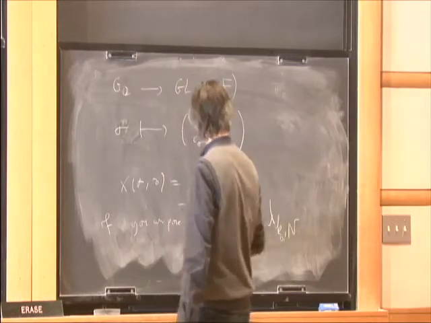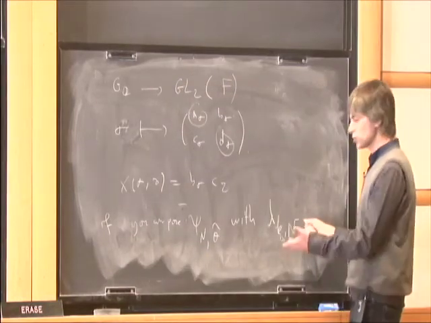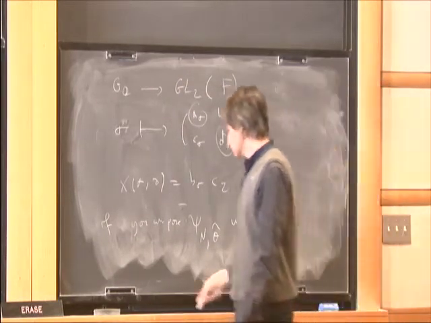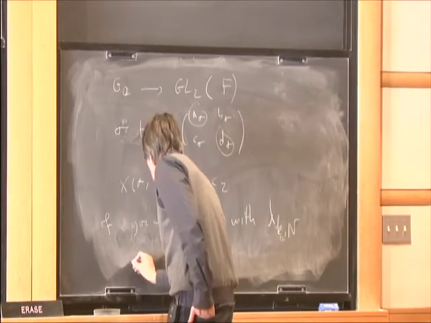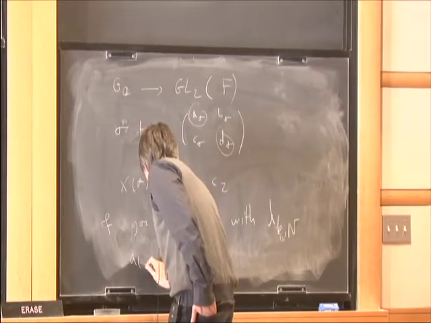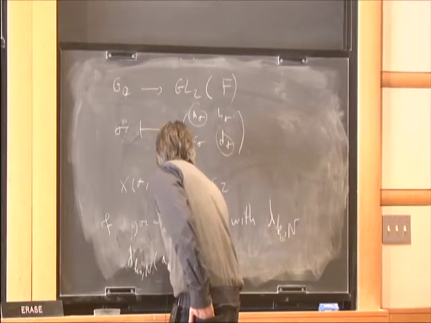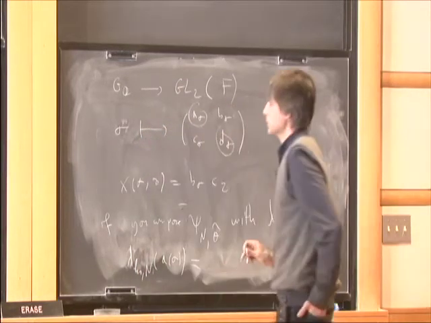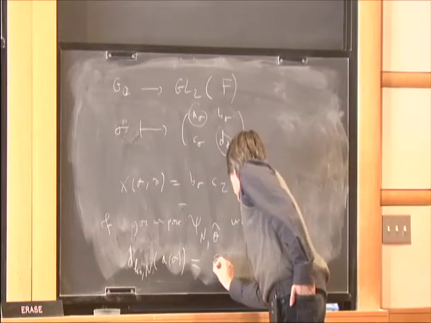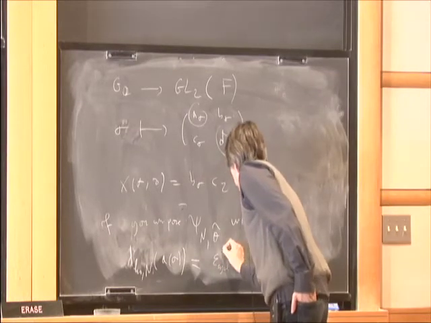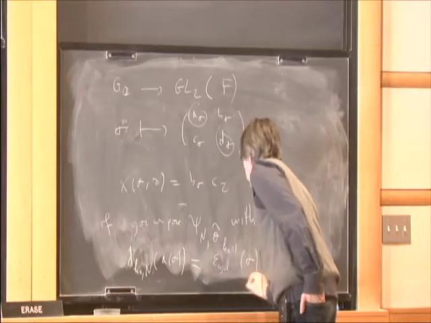So you get the pseudo-representation attached to this Eisenstein character. So therefore, what you get is A of sigma is going to be the cyclotomic character to the power k naught minus 1.